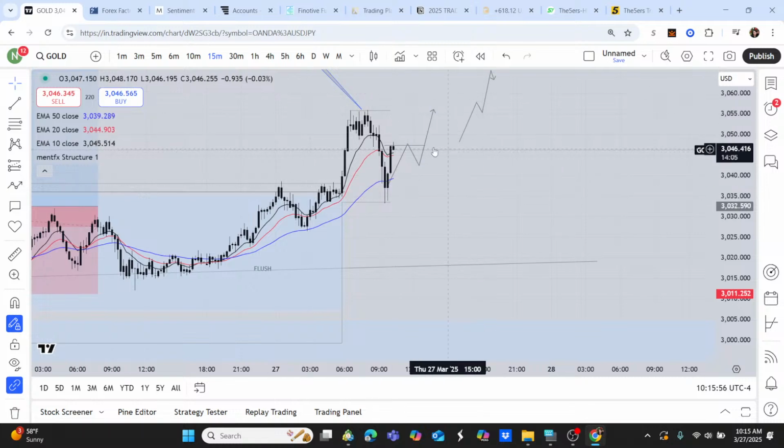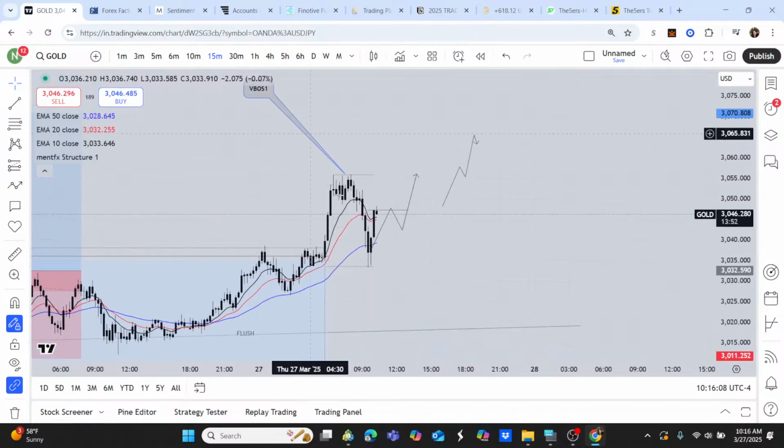What is the probability of this happening? Maybe this move can happen, but I'm gonna manage my risk just in case I'm wrong, because there's a chance I can be wrong. So I don't know whether it's gonna happen, but I know what these moves look like when they do happen, because I have tested it so many times.